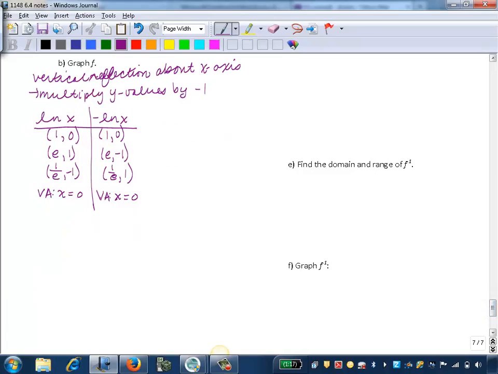So we'll sketch our axes here, and remember that e is approximately 2.7, and 1 over e is approximately 0.4, and you can check those in your calculator. So when we go to sketch this, on the x-axis we need to go to at least about 3, and on the y-axis we need to go from -1 to +1.